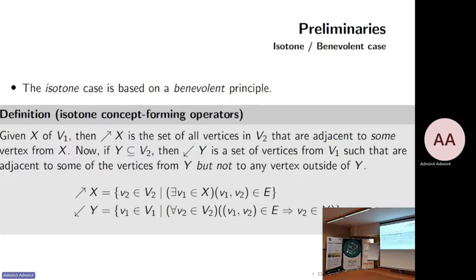The isotone intent, so to say, is formed by all vertices that are adjacent to some, not all. Then the definition changes from the universal quantifier to the existential quantifier. And also the extent is not symmetrical, it has a different definition.